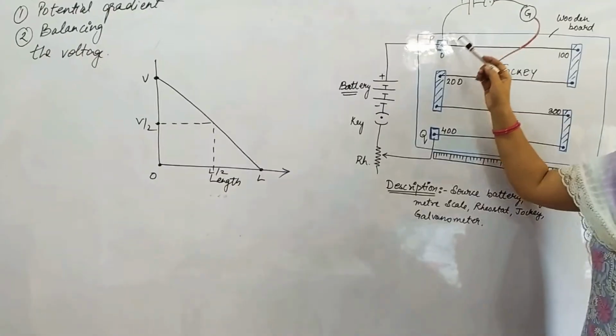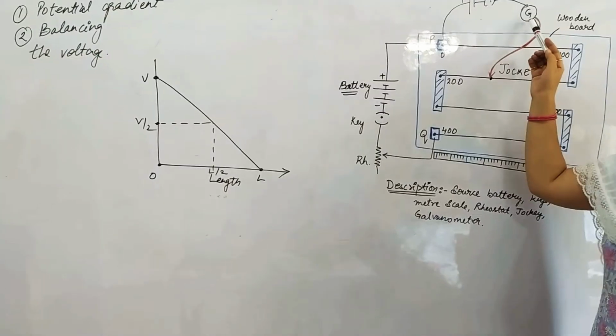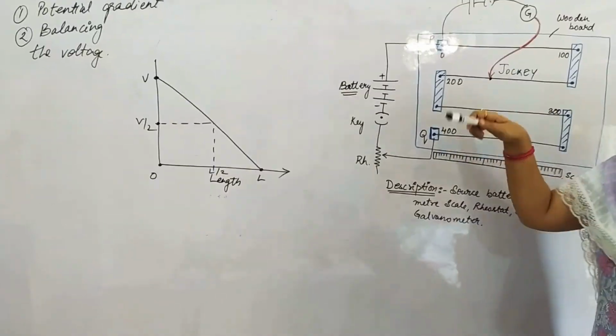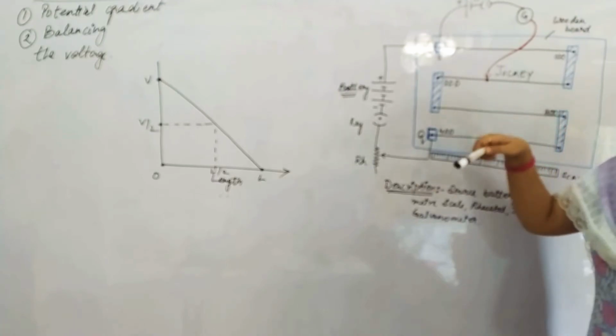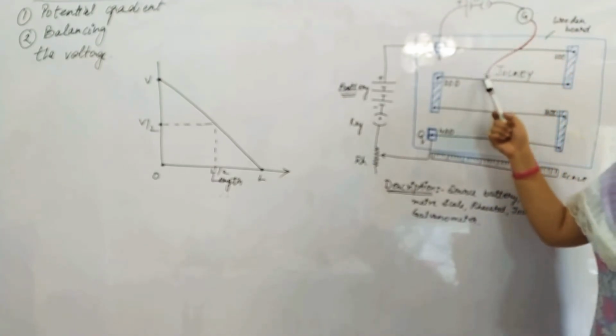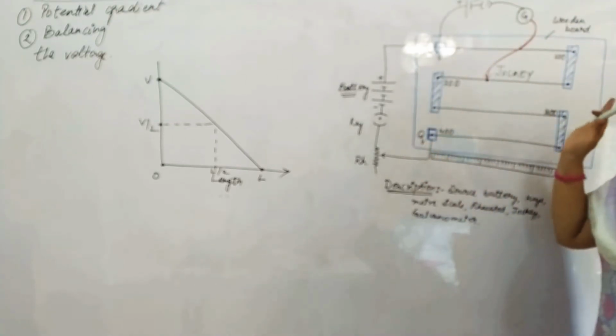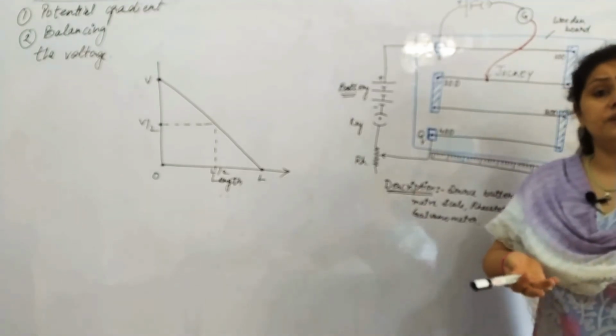Where the positive end is connected, we connect its positive as well. The negative end we will connect to a galvanometer. The galvanometer will detect the amount of current and in which direction the current is flowing, and then we will connect it to a jockey, right?